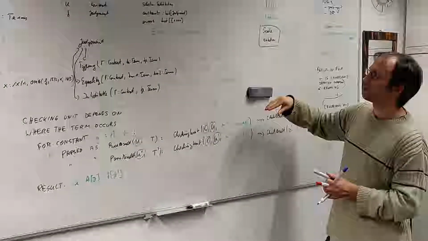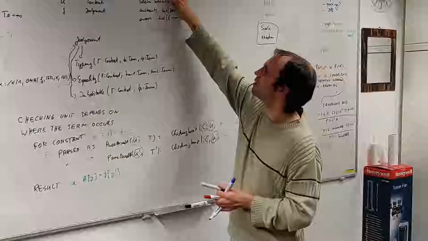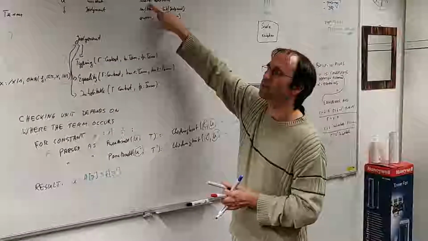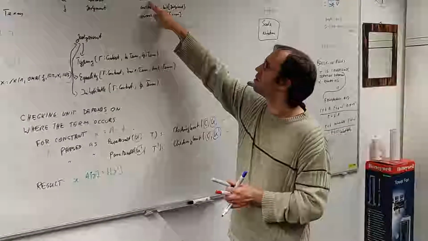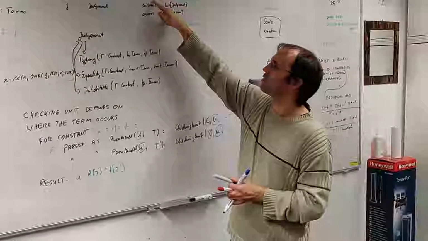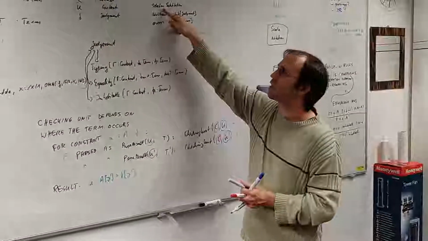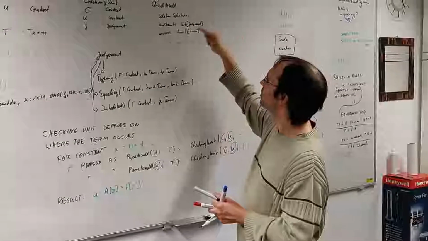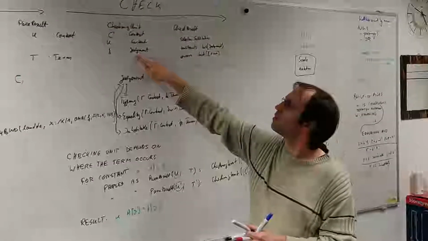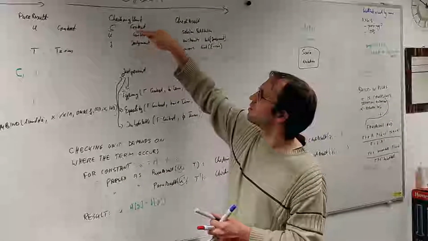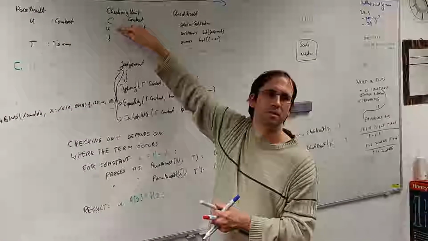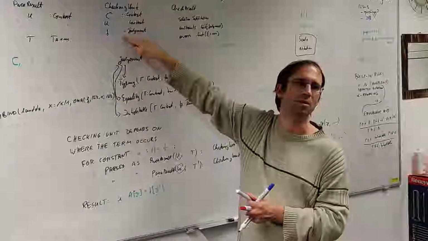The general idea of checking is that we get a check result containing a substitution, which will be the substitution for the unknowns. Meaning checking will not only derive this judgment, but it will also find a substitution for these unknowns such that this judgment is true.